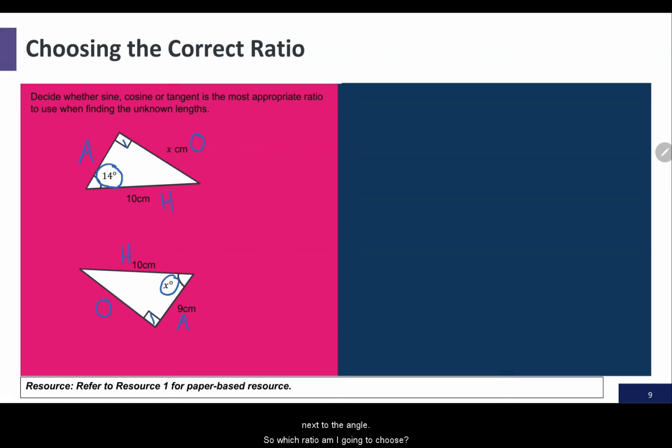So which ratio am I going to choose? There is SOHCAHTOA at the top. So in this first question, I'd like to calculate the opposite. I know the value of H, and I've got an angle as well.